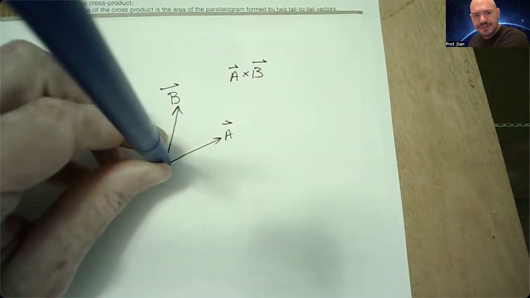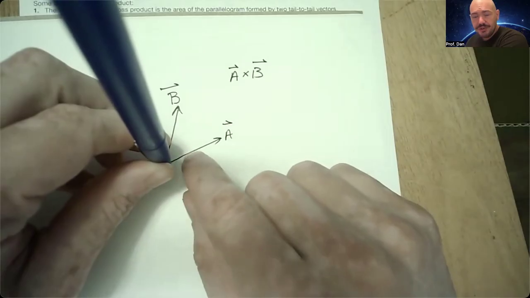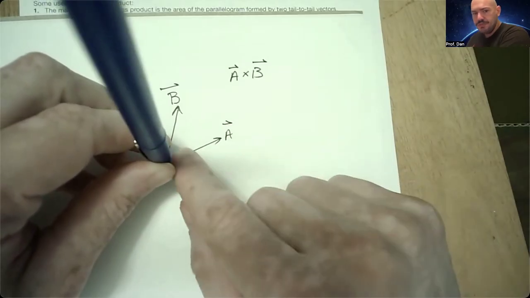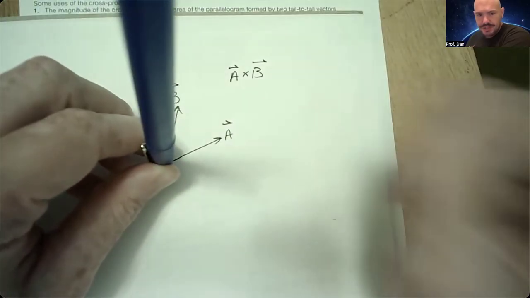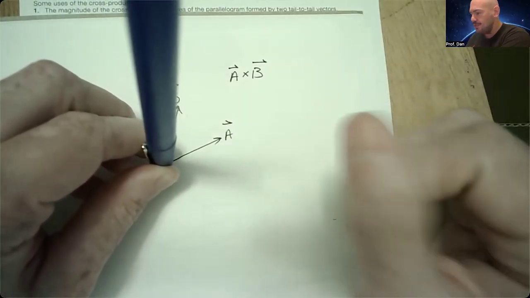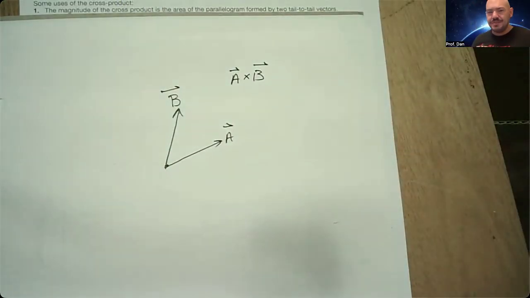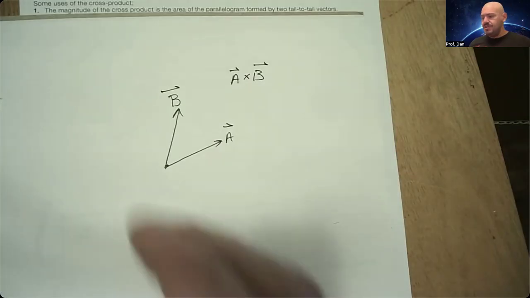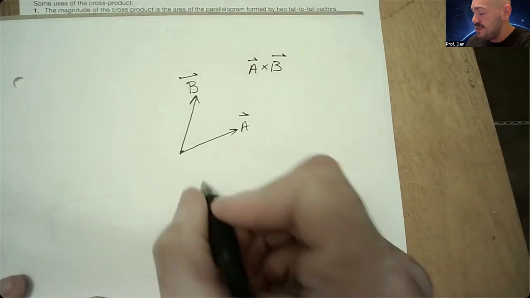One thing I want you to notice about this vector is that it's perpendicular, or orthogonal, to both A and B, which is only possible in three dimensions or higher. So the cross product is not something we typically do with two dimensions because the result is going to end up in a third dimension. You can even think about it in terms of your three-dimensional coordinate system.